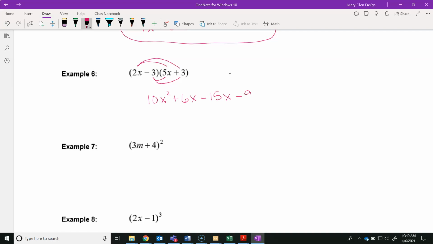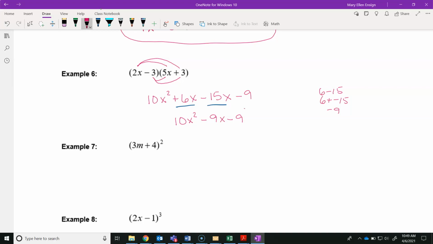Negative 3 times 3 is negative 9. Now in this case, I'm not quite done yet, right? Because if I look carefully, I see that I have two terms that are like terms. They can be combined. So I get 10x squared, 6 minus 15, or 6 is the same as 6 plus negative 15. Either way is going to be negative 9.